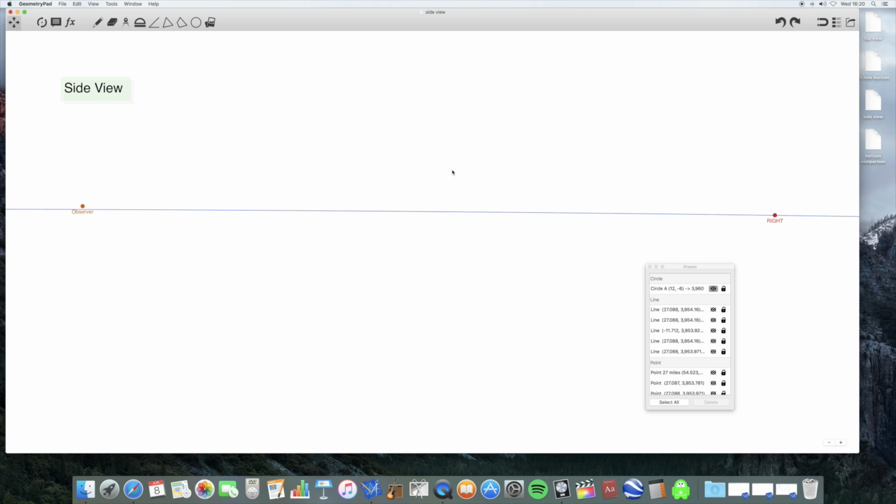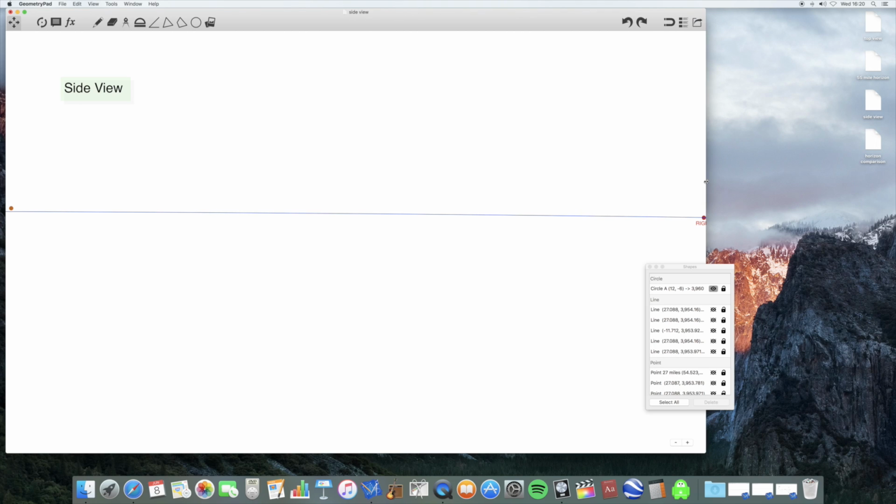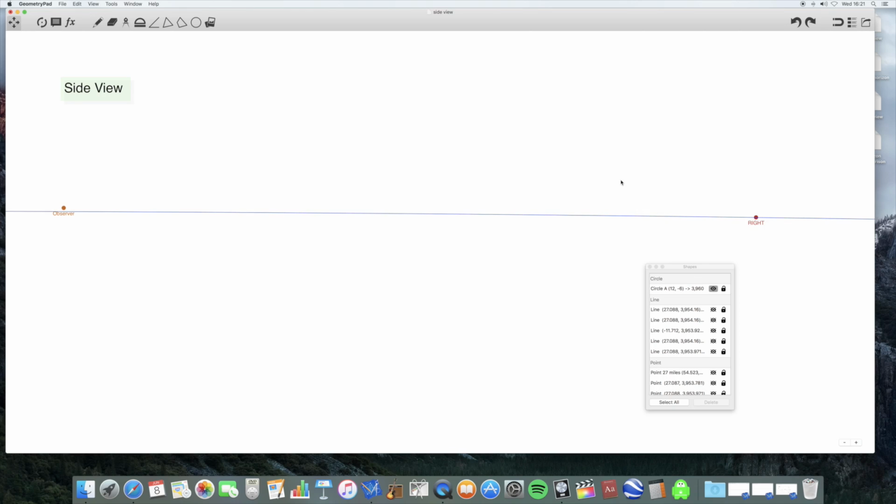I mean, let's just look at how curved this looks between the observer and the horizon. That's how curved the Earth looks. And like I said, they don't even see most of it anyway because they're looking at it at such an angle that they can't see it.